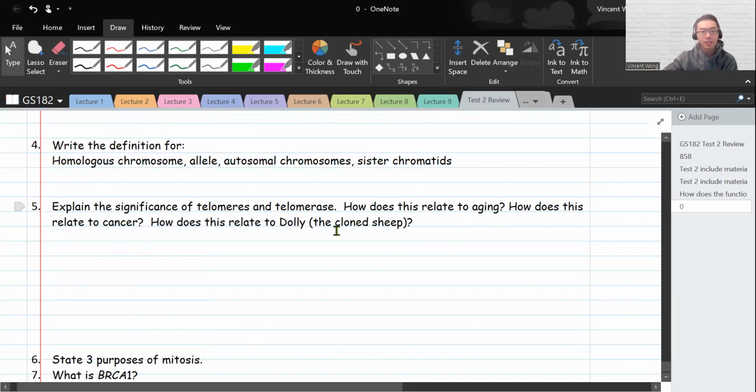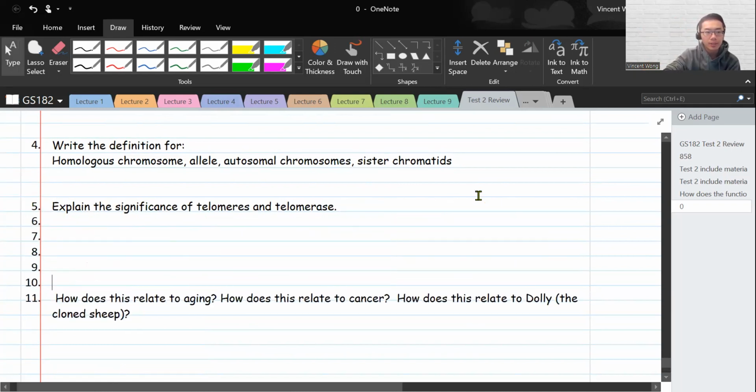Explain the significance of telomeres and telomerase. Okay, so let's do that first. Telomeres are basically short tandem repeats located at the end of chromosomes. They are TTAGGG, right?